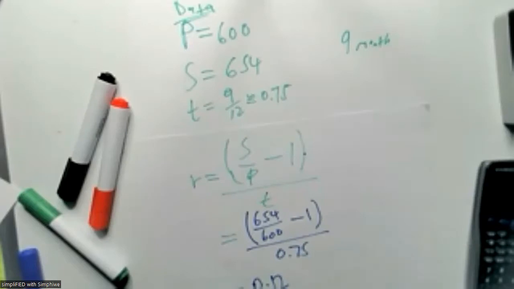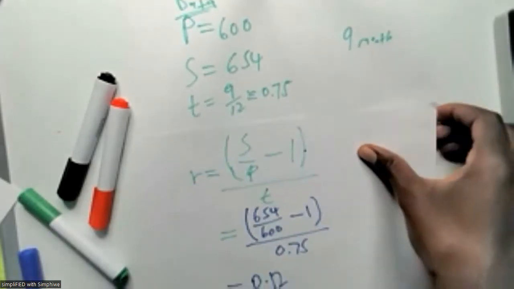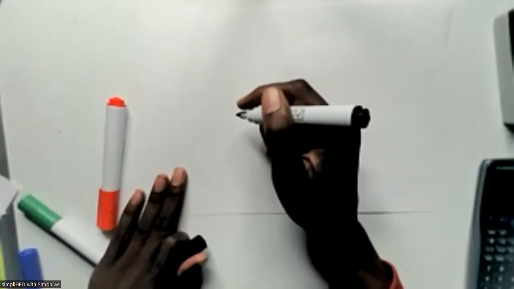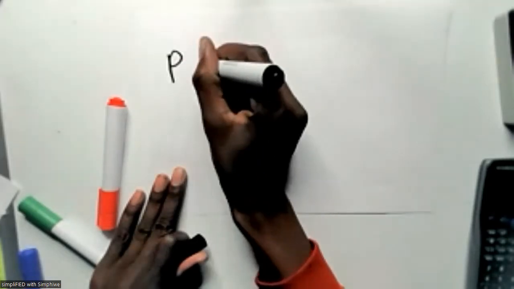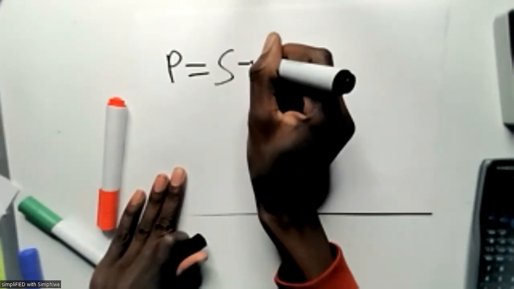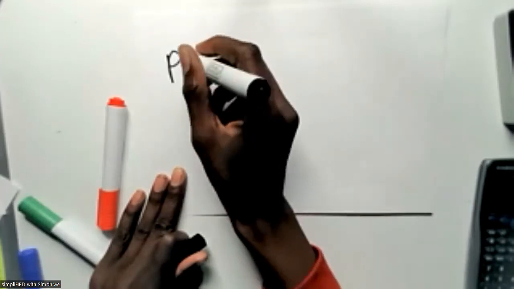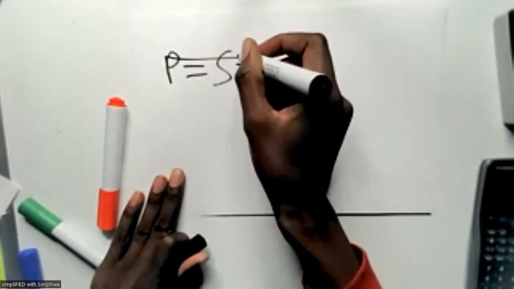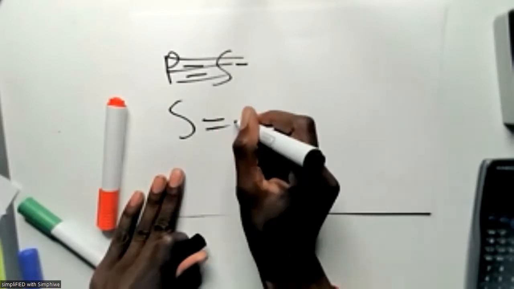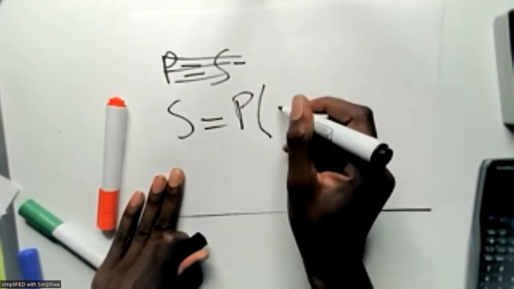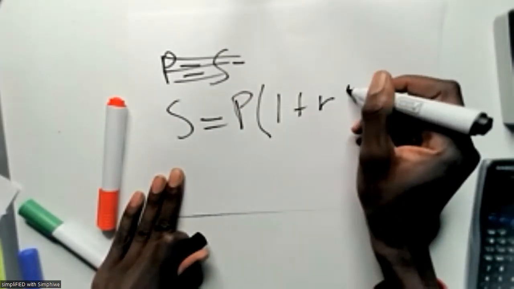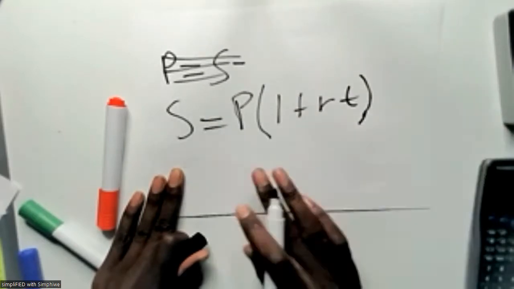So let's put the whole story on the timeline. First things first, because in the question the words simple interest are mentioned, I know I will be using this formula: S equals P(1 plus RT).